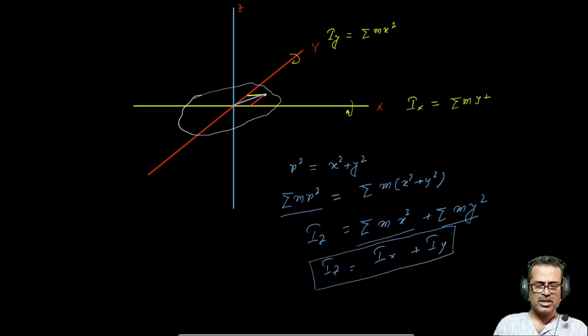This is called the polar moment of inertia, when the axis of rotation is normal to the plane, while the other two axes belong to that plane.